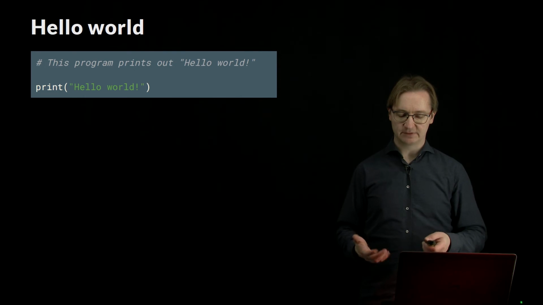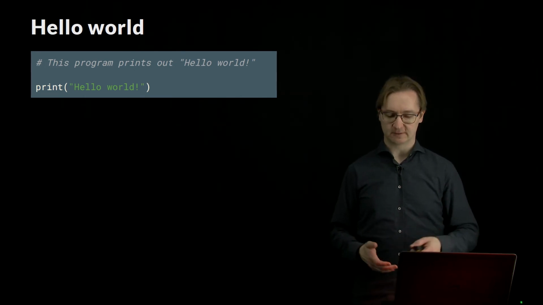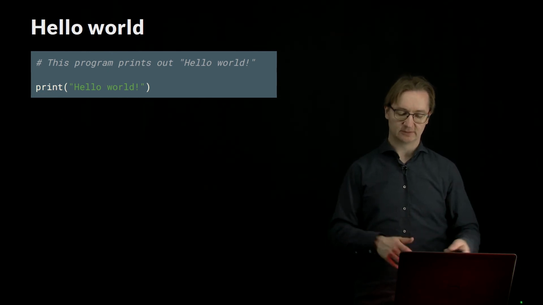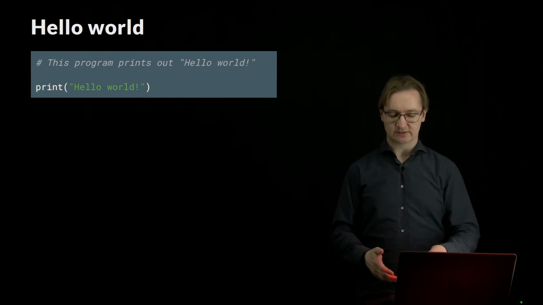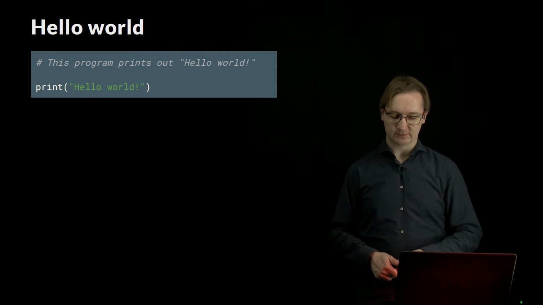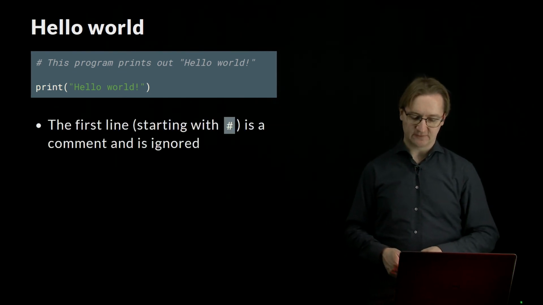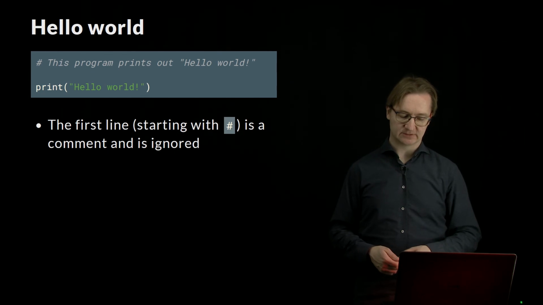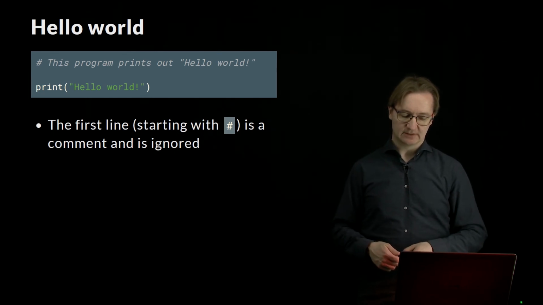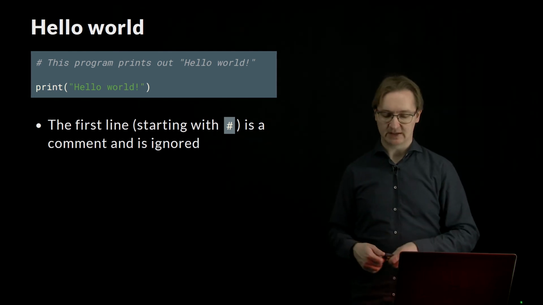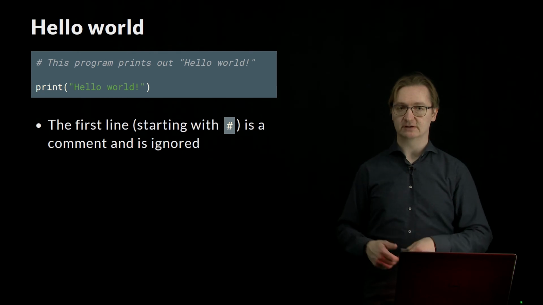So here's a very simple example, hello world. What this program does is it prints out hello world. I guess it's quite readable already from the program, but let's see what happens here. The first line starts with a hash tag or hash symbol. Then this is a comment, and comments are ignored by the interpreter.